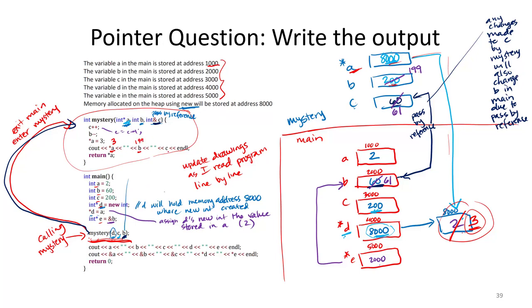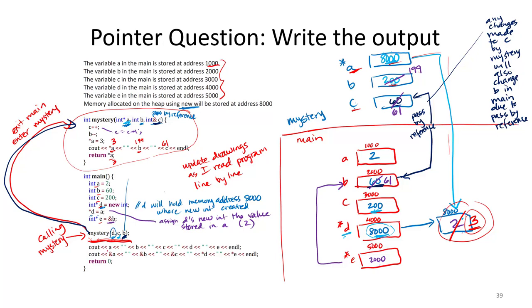Finally, I need to output my variable C. C inside mystery contains the value 61. Finally, mystery is going to return the value where A points, which is 3. But I don't give mystery any variable to return it to, so that return value is just going to be thrown away. No one is there in main to receive it.